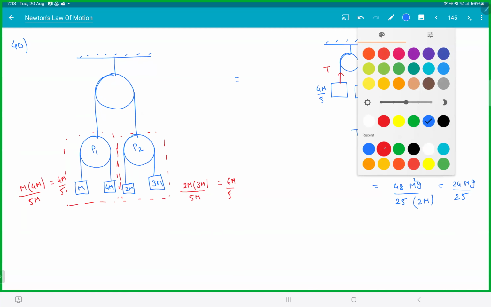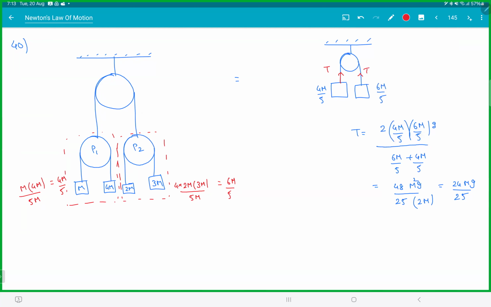Yeah, I need to multiply by 4 in both cases. I forgot. So this guy would be 24m, this guy would be 16m by 5. My mistake. I need to put an extra 4 here.